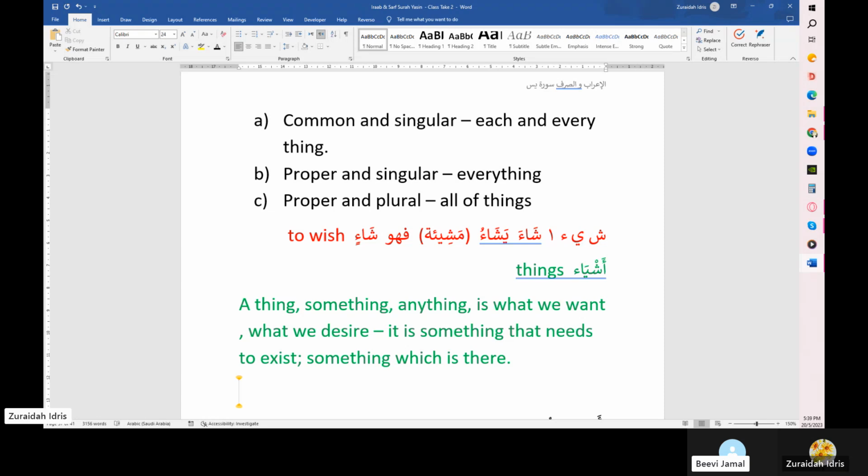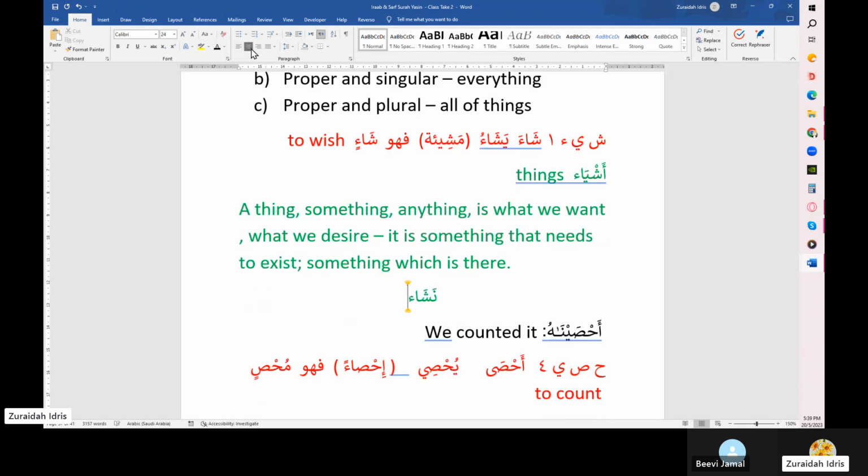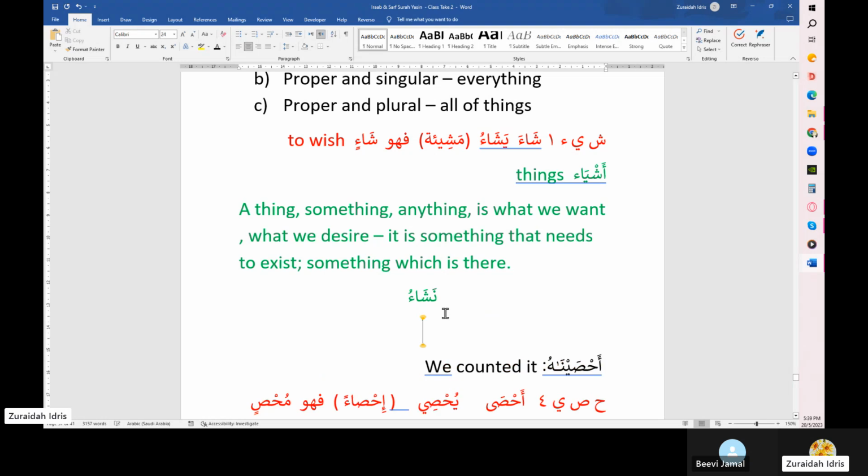Nasha'u. So we want something. This is the mudari'.